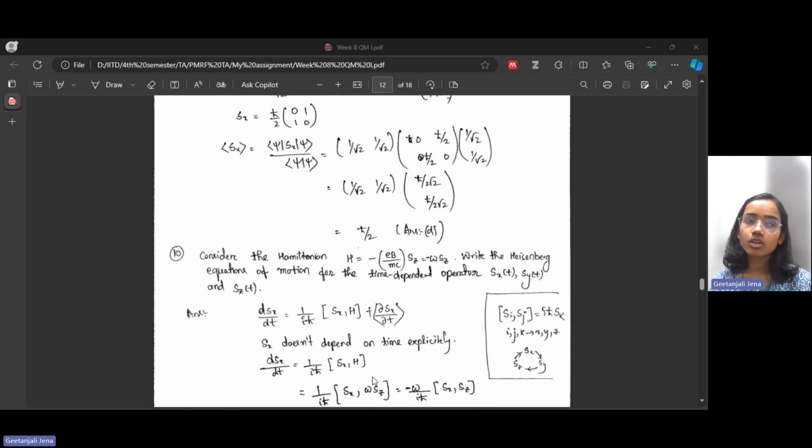Similar to the orbital angular momentum Lx, Ly, Lz commutation relations, the spin angular momentum also follows the same commutation relations.